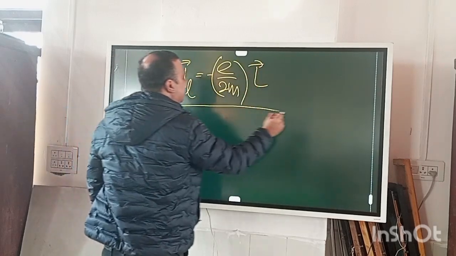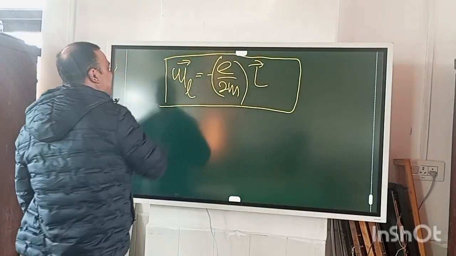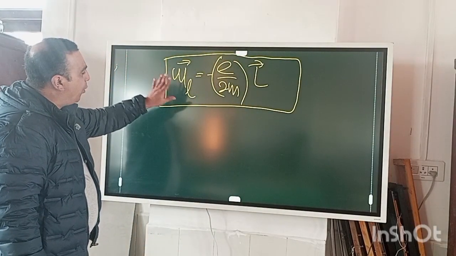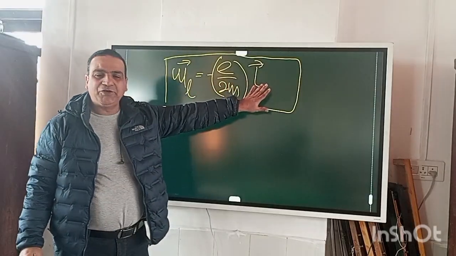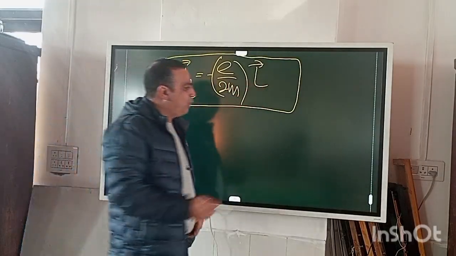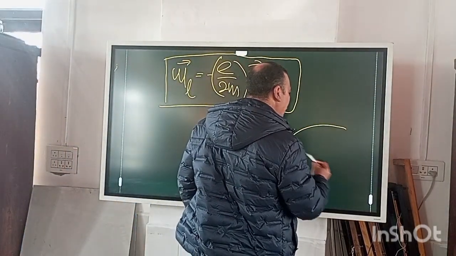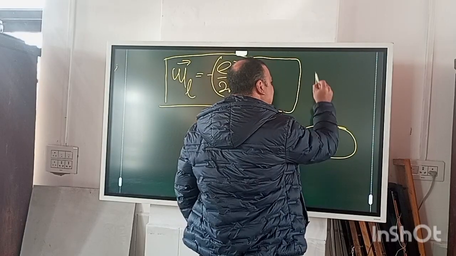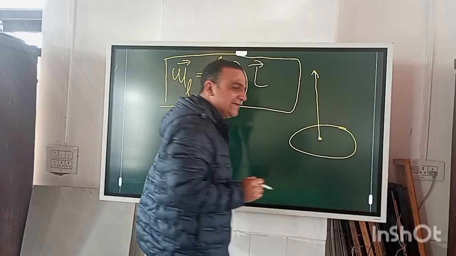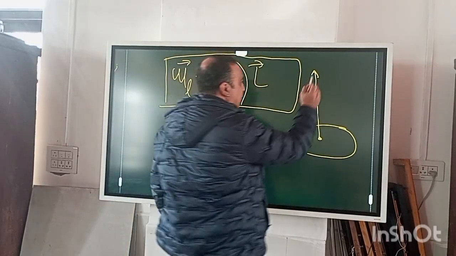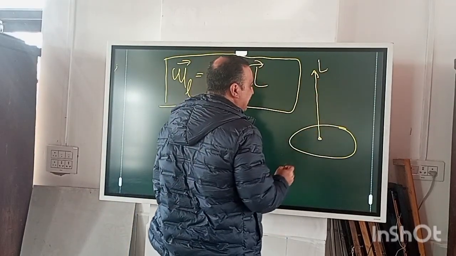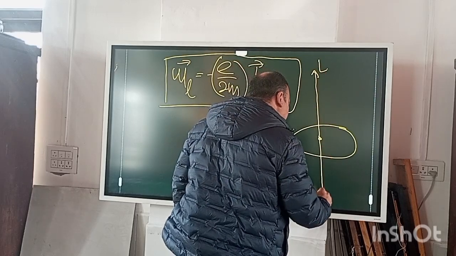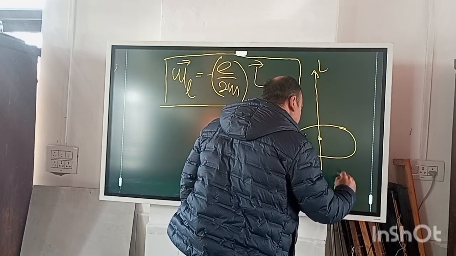So what is evident here is that the direction of the magnetic moment is opposite to the direction of the angular momentum. So we have a revolving electron, and it leads to an angular momentum, say in the z direction. So this is angular momentum. The magnetic moment is exactly opposite to this angular momentum.